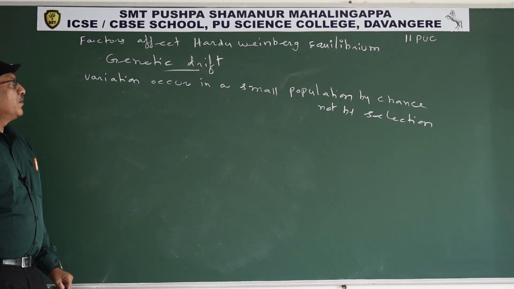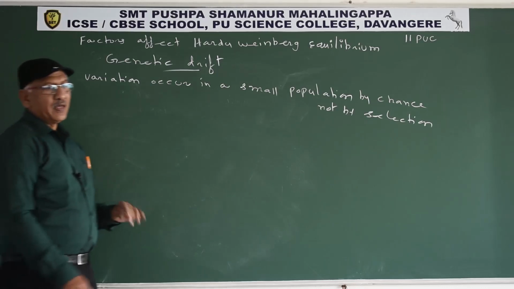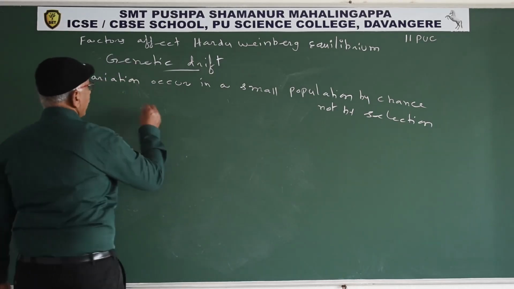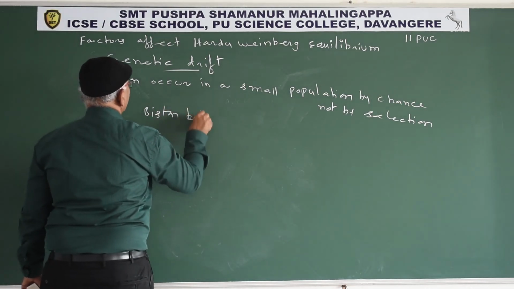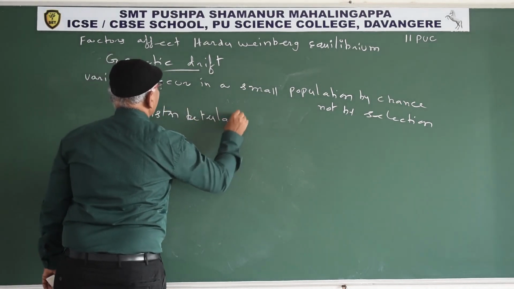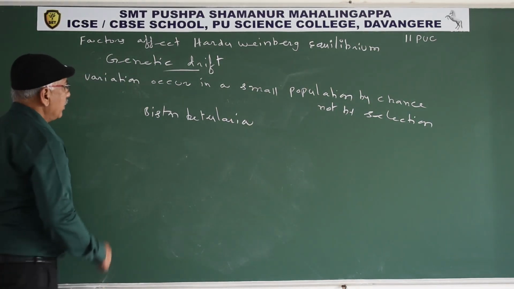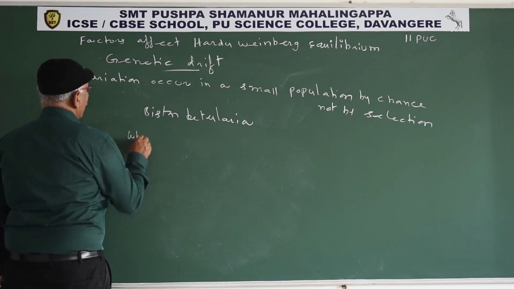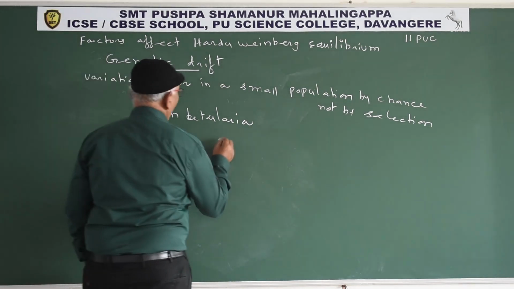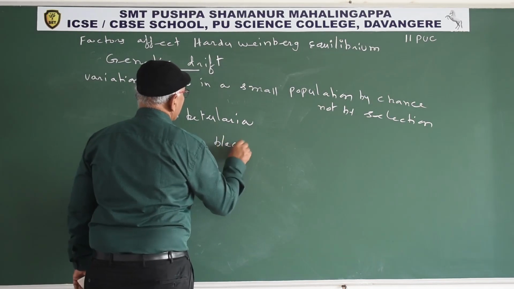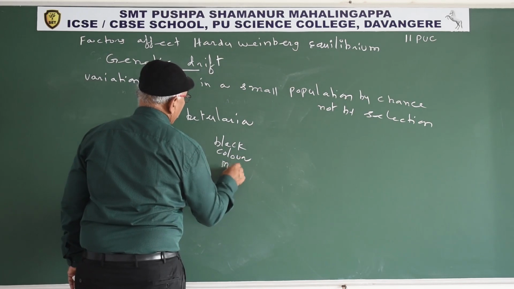Before we discuss it, I will explain genetic drift with the help of an example. You already know Biston betularia, the scientific name of the peppered moth. It occurs in two forms, white color and black color.